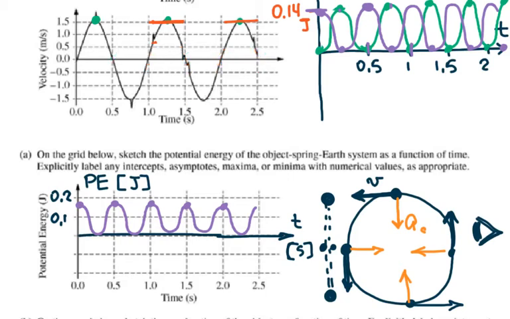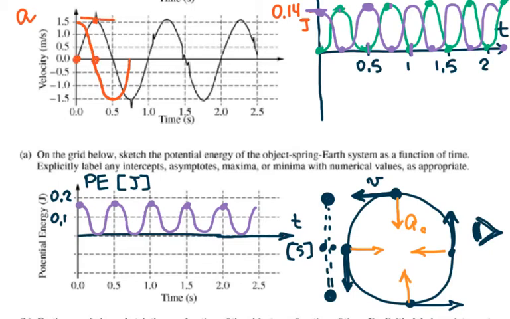So if I want to redraw my graph for acceleration, then it would look like this. In red is going to be acceleration. At this point, I have maximum positive, then I have zero, then I have maximum negative, then I have zero. So the slope of this graph is zero, so I have zero acceleration.